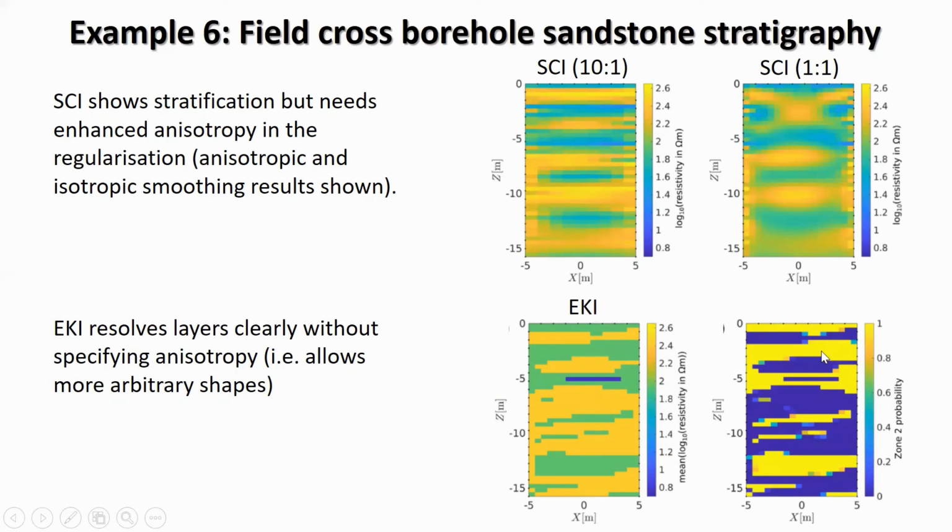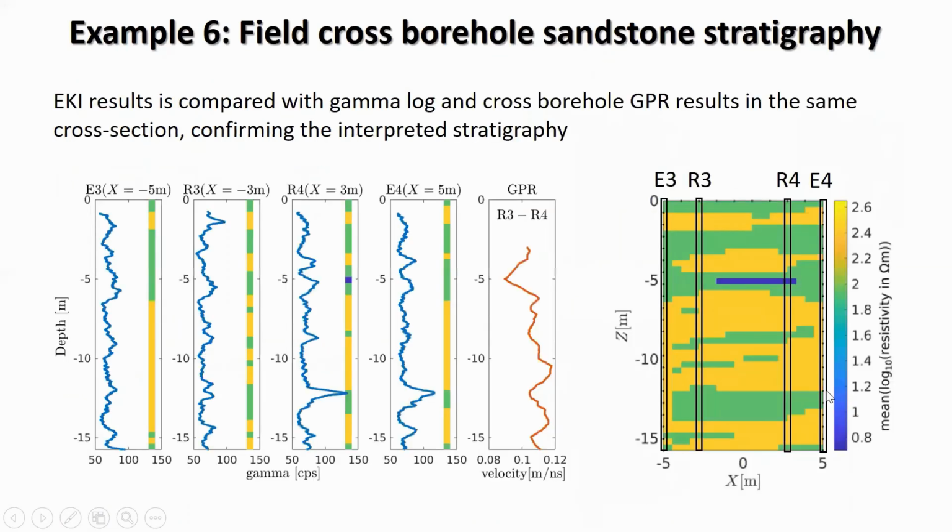As before, we can look at the zone probabilities, and that allows us to look at the reliability of these demarcations from an inversion perspective. But let's look at how these compare with independently observed observations.